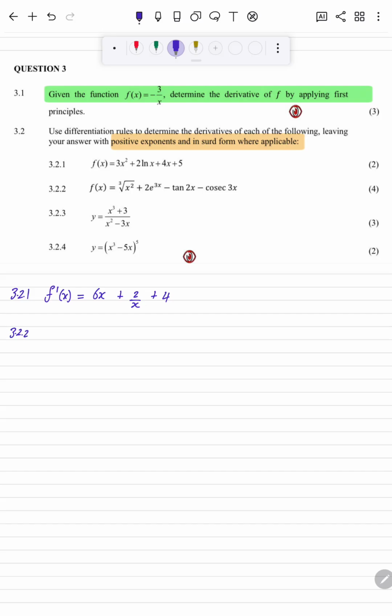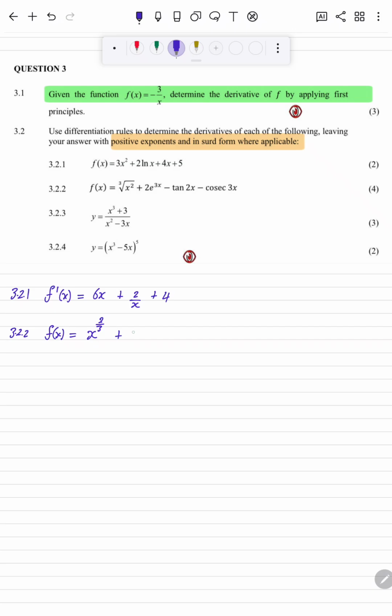For 3.2.2, you check. I see a problem here. We need to fix this because it should be in power form before we can differentiate it. So I'm going to say f of x, therefore I'm not yet differentiating. Remember, according to the laws of exponents, the number inside, which is 2, gets divided by the number outside, which is 3.